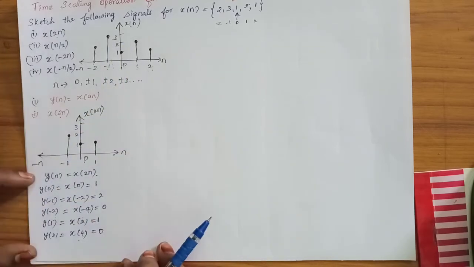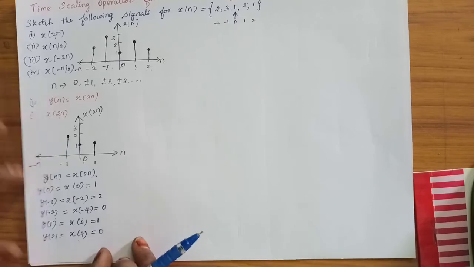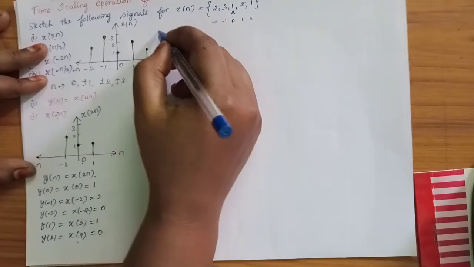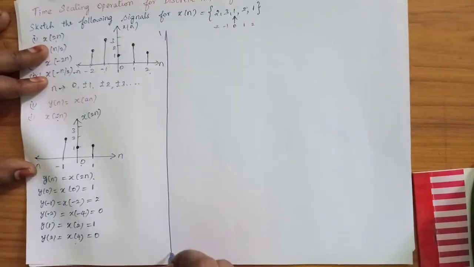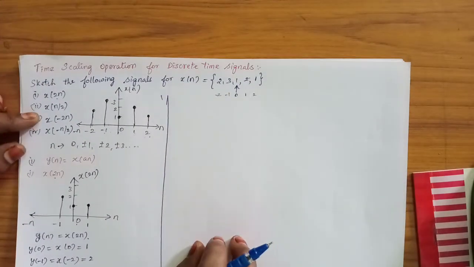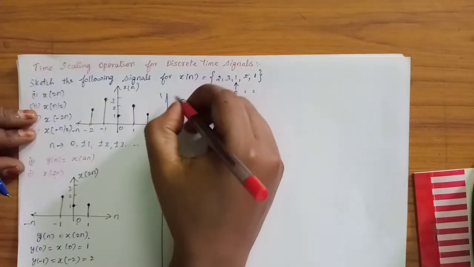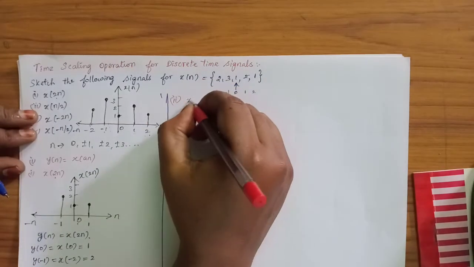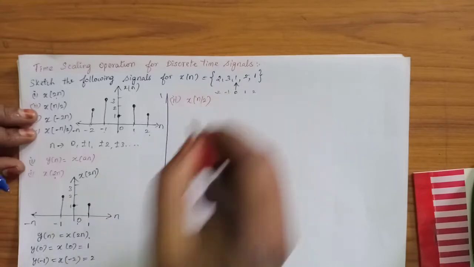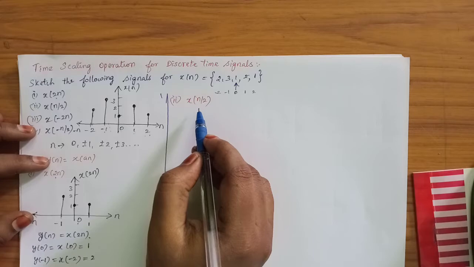For better understanding, I have proved this. Similarly, we will calculate x of n by 2. Here the a value is 1 by 2, right?